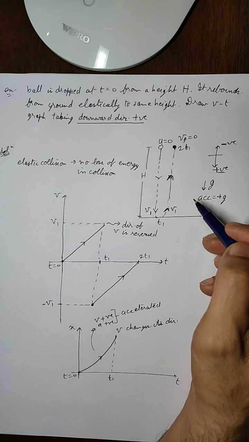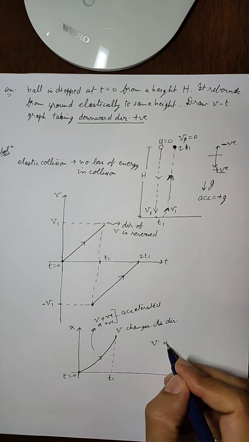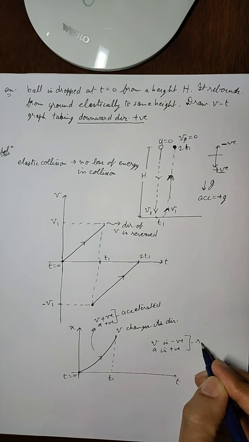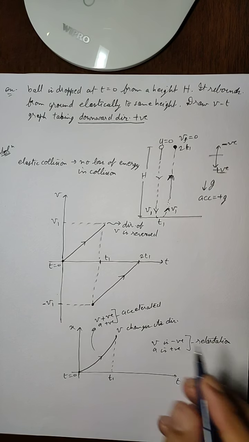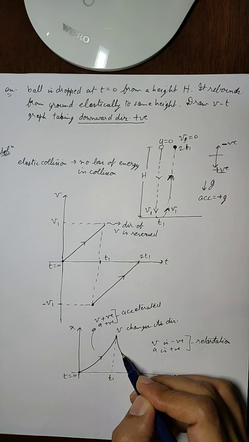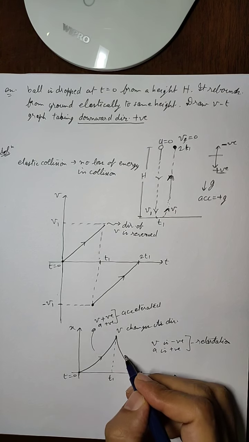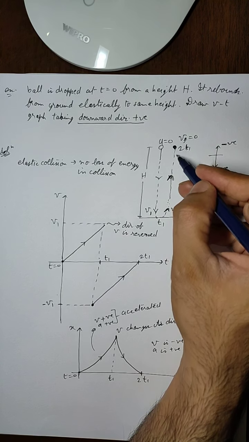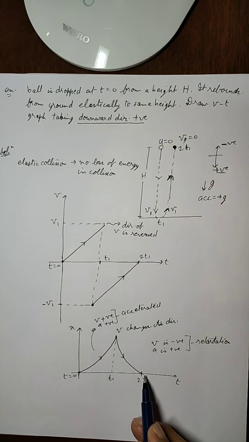So velocity is negative and acceleration is positive. That means there will be a retardation. And we have already studied the graph of retardation. It will be like this. And at 2t1, the ball will again reach its final position, that is the 0 position. So this will be the displacement time graph.